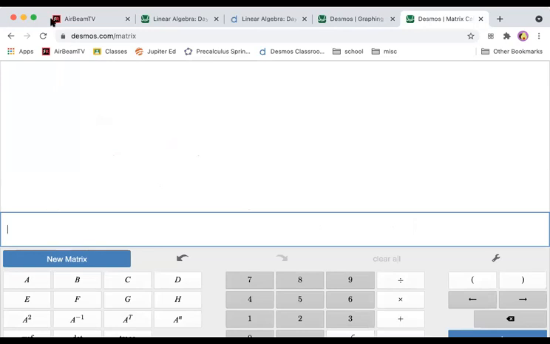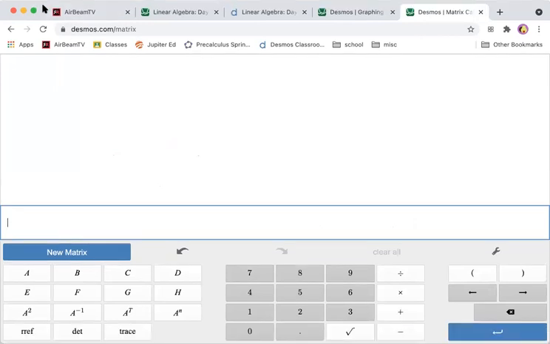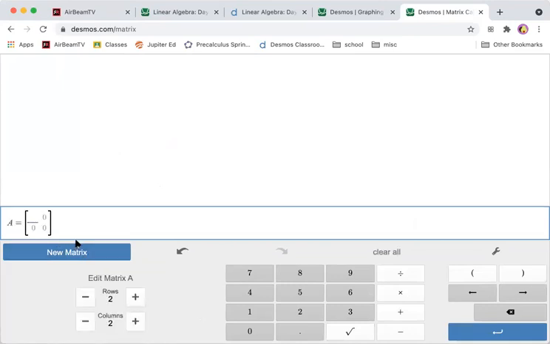If I want to do this on the Desmos calculator, it's actually easier to do this on the TI calculator because Desmos calculator doesn't allow you to type cosine. So I know the cosine of 30 is 0.866 and negative sine 30 is negative 0.5 and sine 30 is 0.5 and cosine 30 is 0.866.